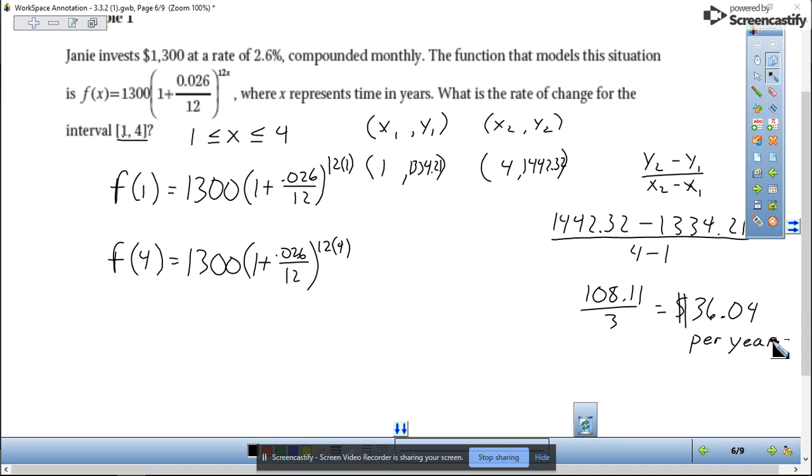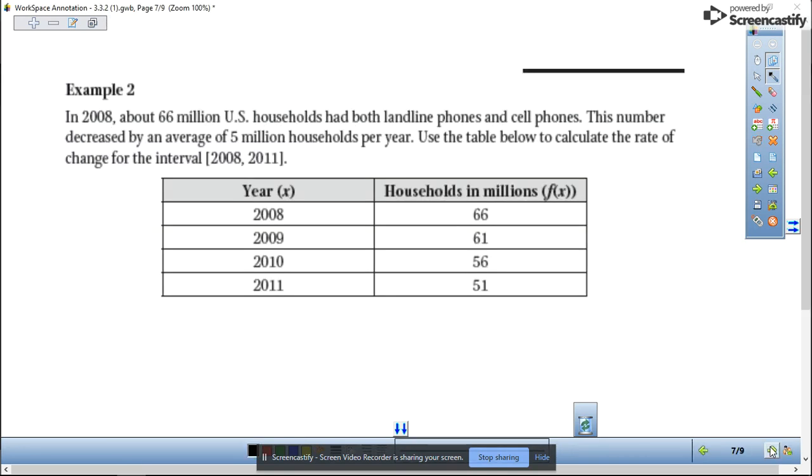I'm just looking for the units basically to go with that answer. All right, so that is your average rate of change between 1 and 4. Okay, since it's exponential, if I were to pick two different points, say between 2 and 10, you would expect to get a different rate of change. Okay? We'll talk about how to compare and that kind of stuff a little bit later.